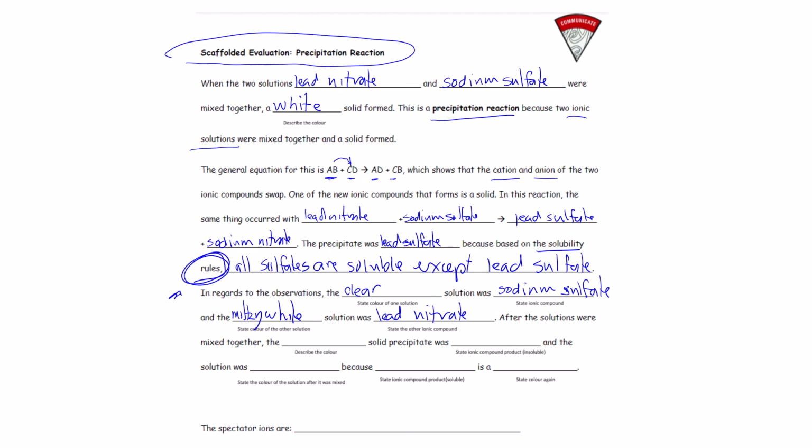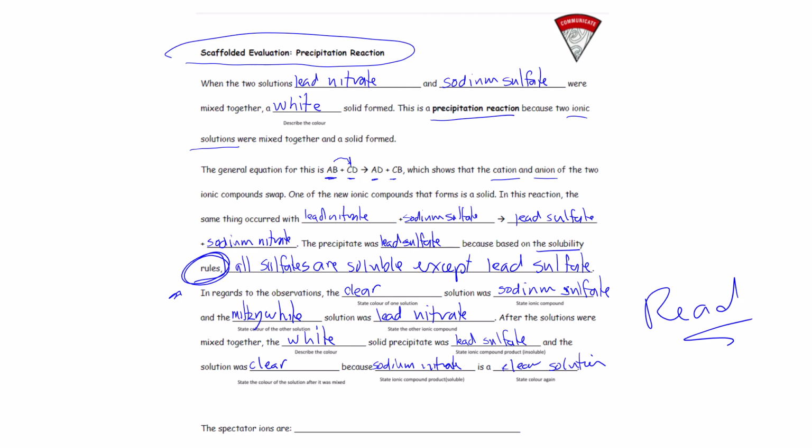After the solutions mixed together, the white solid precipitate was lead sulfate, and the solution was sodium nitrate, and the solution was clear because sodium nitrate is a clear solution.